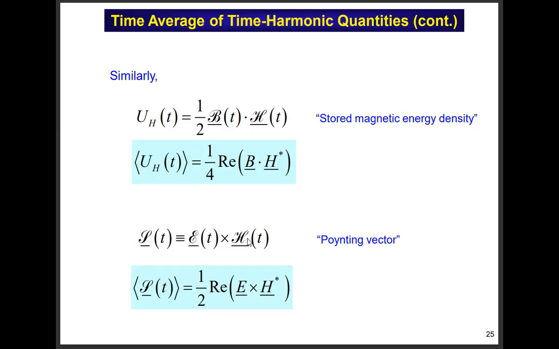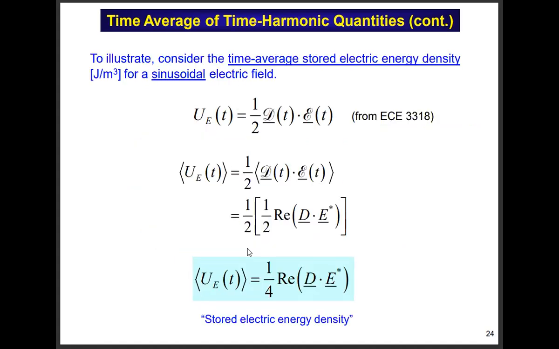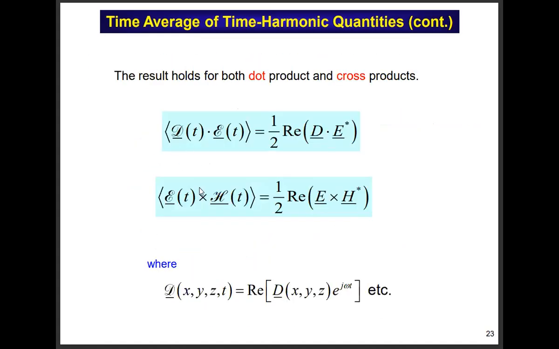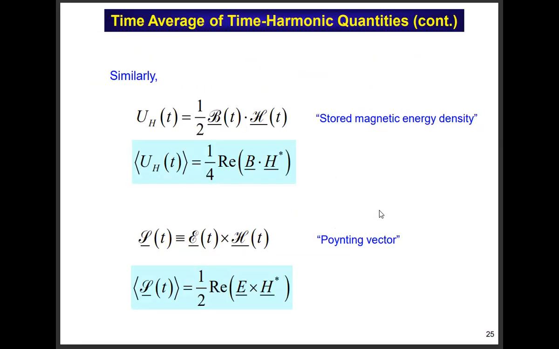Remember, I said dot and cross work the same way, right? So this is the Poynting vector in the time domain. If you take the time average of it, it's 1/2 the real part of E phasor cross H phasor conjugate.